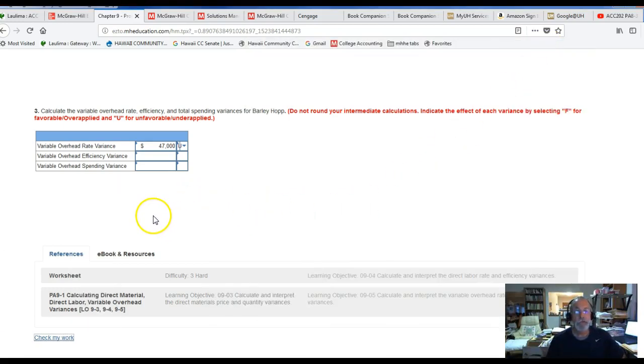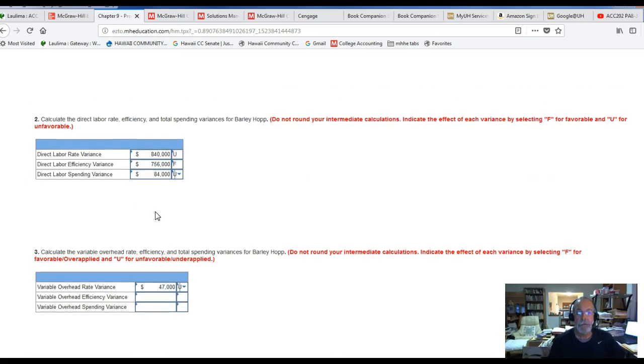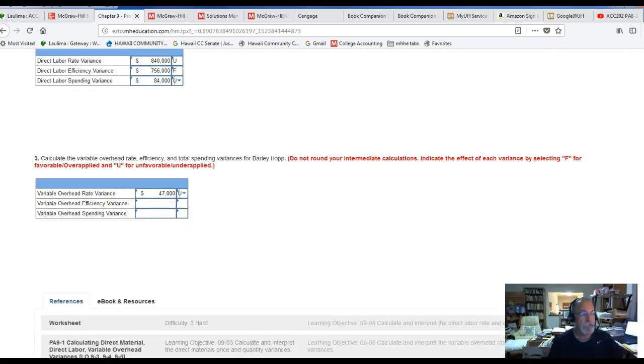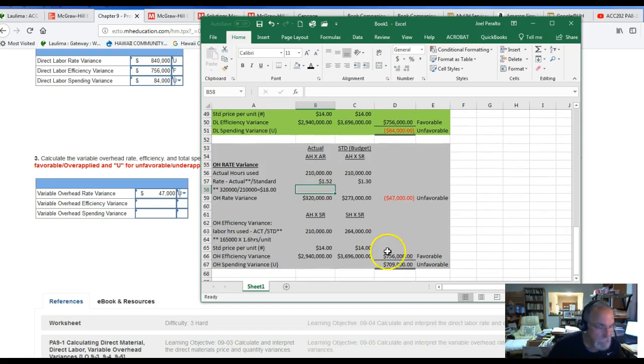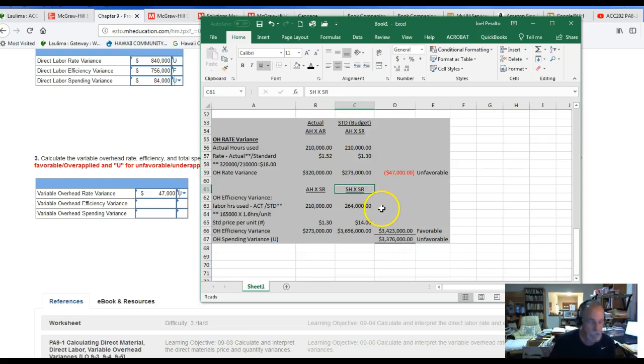Okay, now for variable overhead efficiency, let's go back to our spreadsheet. We're referring to Exhibit 9.8. One calculation is our actual hours times standard rate, which we have here. We need to change the rate. The second calculation is standard hours times standard rate.